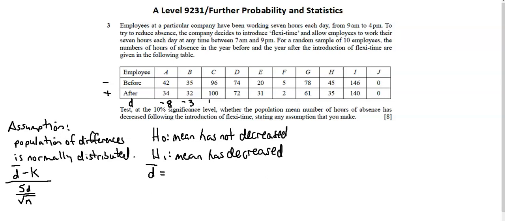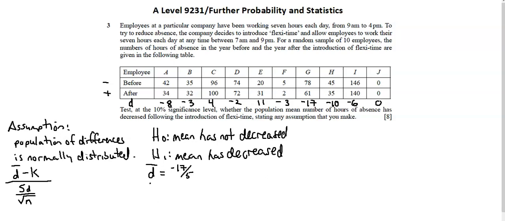Negative 3, positive 4, negative 2, 11, negative 3, negative 17, negative 10, negative 6, and 0. The average of those, that's my d bar, is negative 17 over 5.